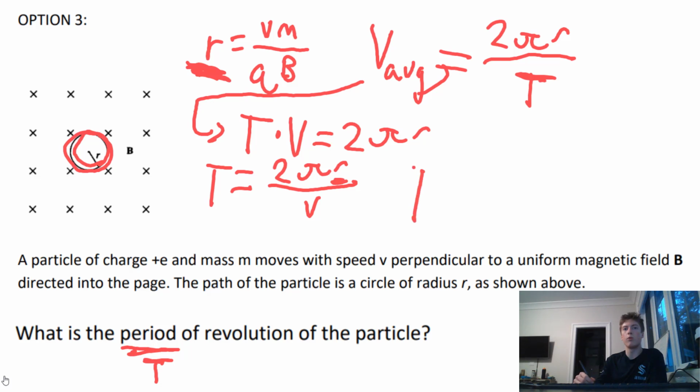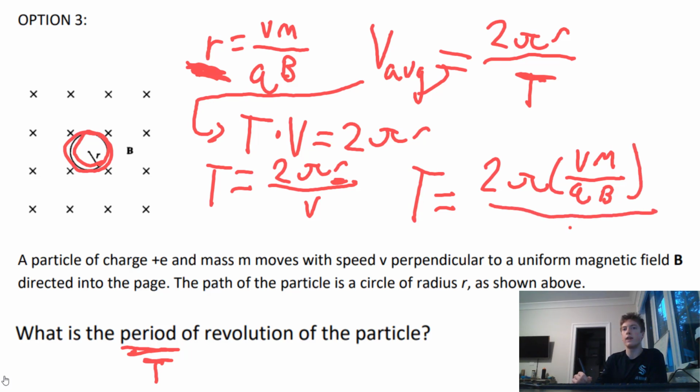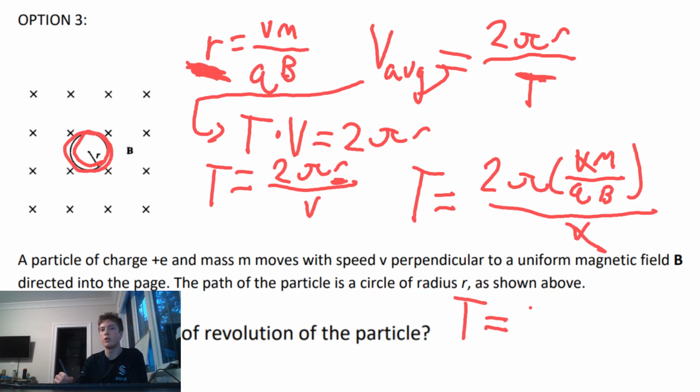So we will get T equals 2 times pi times our substitution, v times m divided by q times B, all over v. So this is essentially equal to this top part times 1 over v. What will happen here is v and v will both cancel out, and we get the equation T is equal to 2 pi m divided by qB. And that is our answer. Thank you for watching.